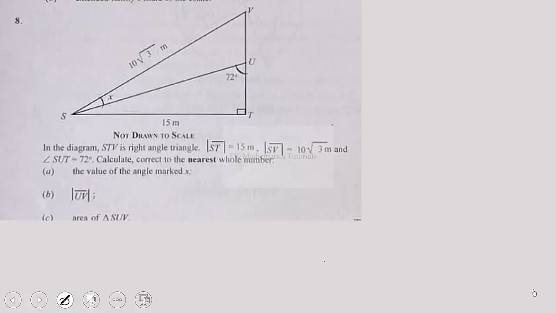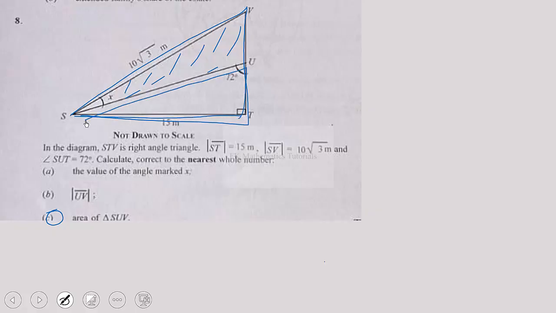So now let's find the area of triangle SUV, this triangle here. So we need to find the area of triangle STV and the area of triangle STU. Then we subtract it from the area of triangle STV to get the area of triangle SUV.